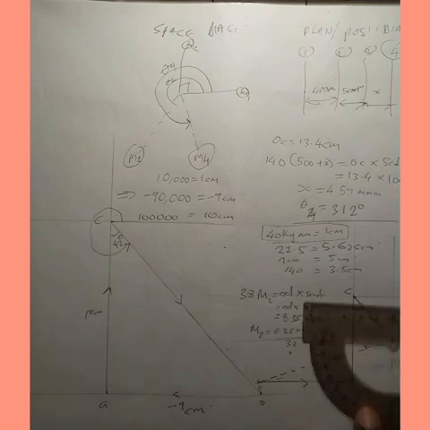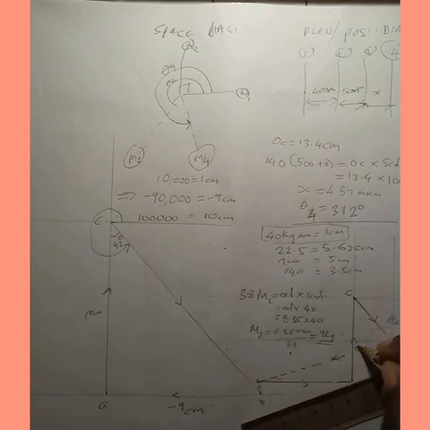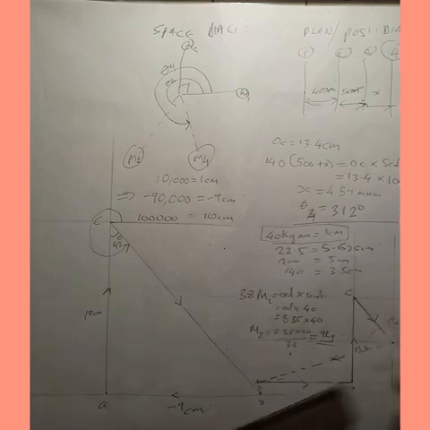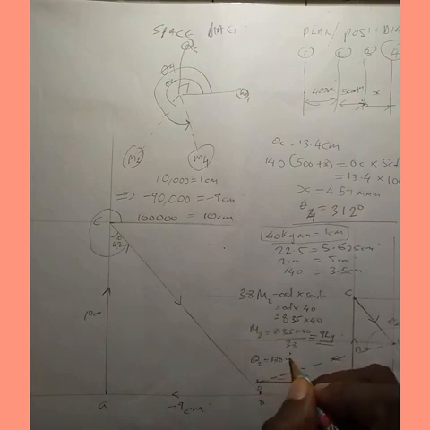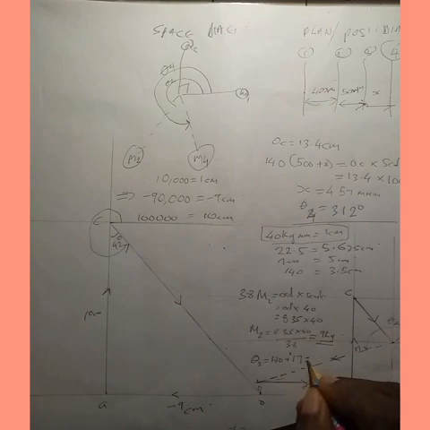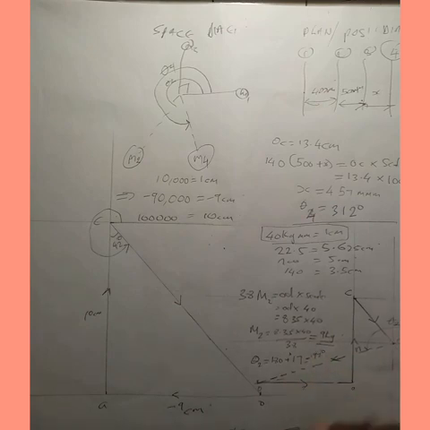From here to here is 17 degrees. So it means the total angle theta 2 is going to be 180 plus 17, and that is 197 degrees. So with that, we've gotten the solutions to the questions.